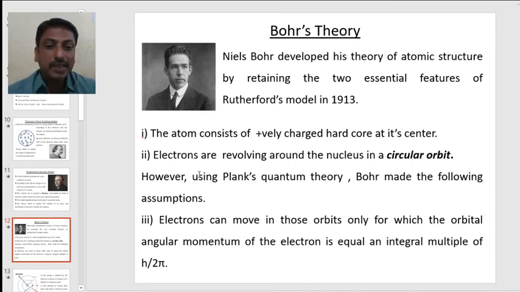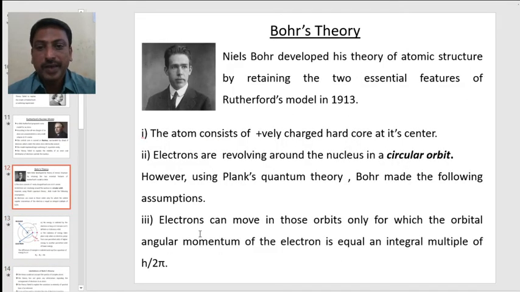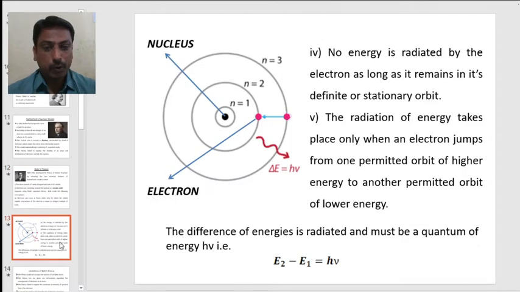However, using Planck's quantum theory, he made the following two assumptions. The first one is that electrons can move only in those orbits for which the orbital angular momentum of an electron is equal to an integral multiple of h divided by 2 pi. And the second one is that no energy is radiated by the electron as long as it remains in its definite or stationary orbit.